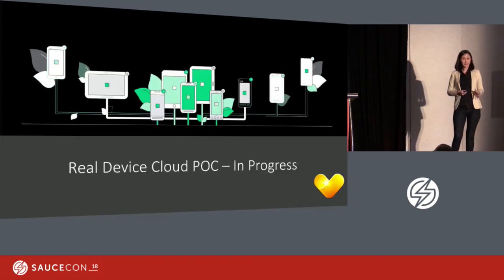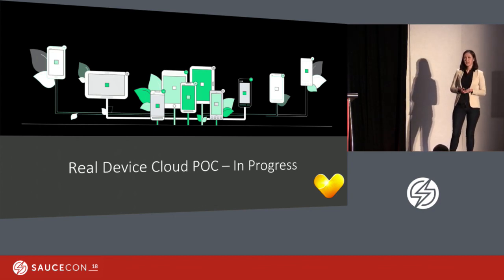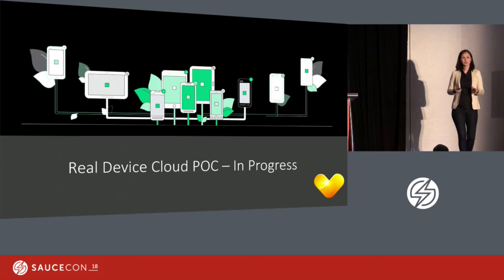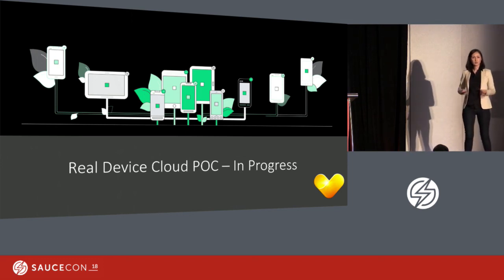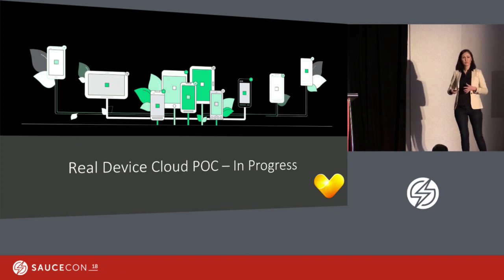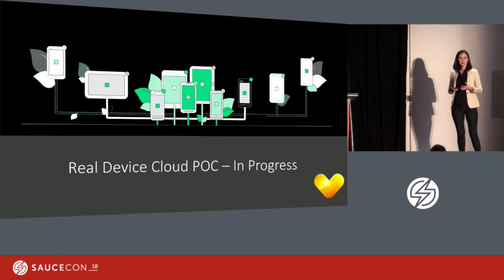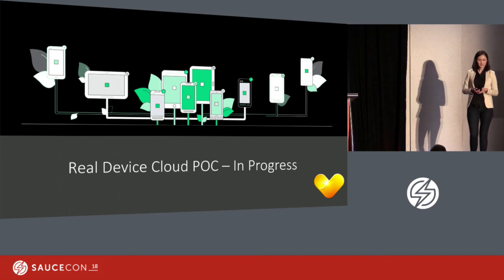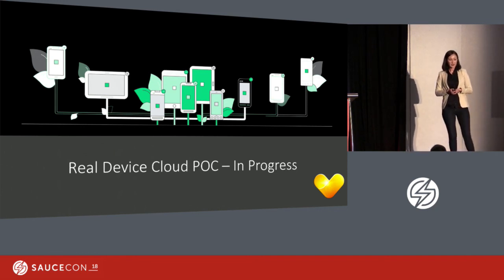What is in progress right now? Right now, we are looking at a real device cloud. We are running POCs. We have a list of tools to compare. We are doing it on the level of the whole company, so it's a very profound, comprehensive approach with POC goals. Our main priorities are actually performance, the speed of our interaction with the devices, security, we need VPN connectivity, it's our must.